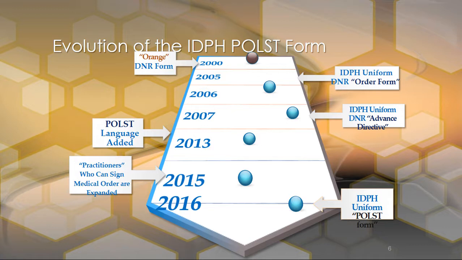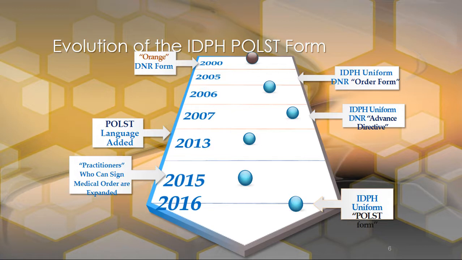In 2013, there were a couple of changes. It used a shortened POLST form, and the title remained the IDPH DNR Advanced Directive. Fast forward now to 2015, we had the creation of the IDPH DNR POLST form.